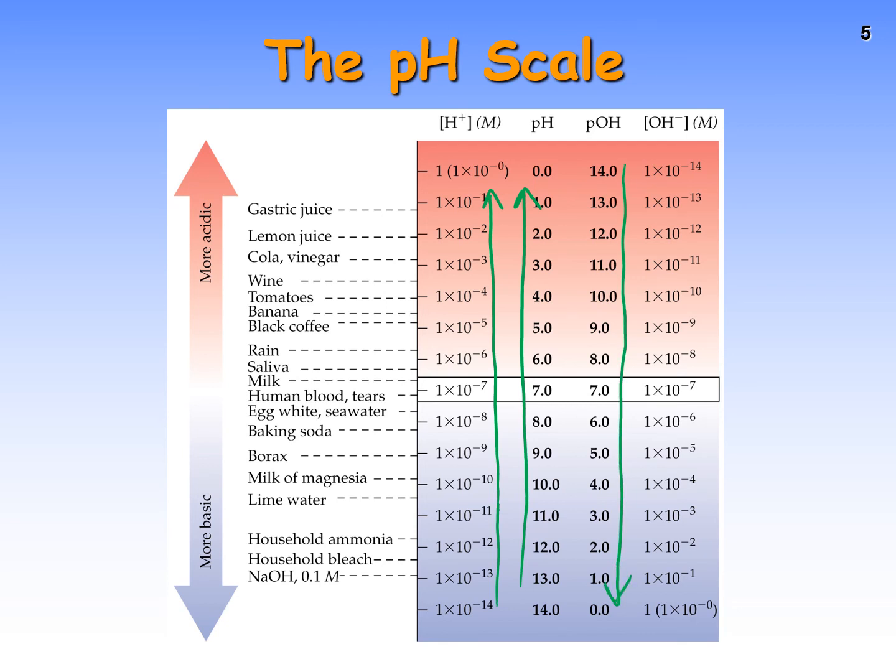As one goes up, the other goes down, and vice versa with pH and pOH. The same relationship that we saw with H3O plus and pH is true of pOH and OH minus. As the pOH goes down, the OH minus concentration goes up.